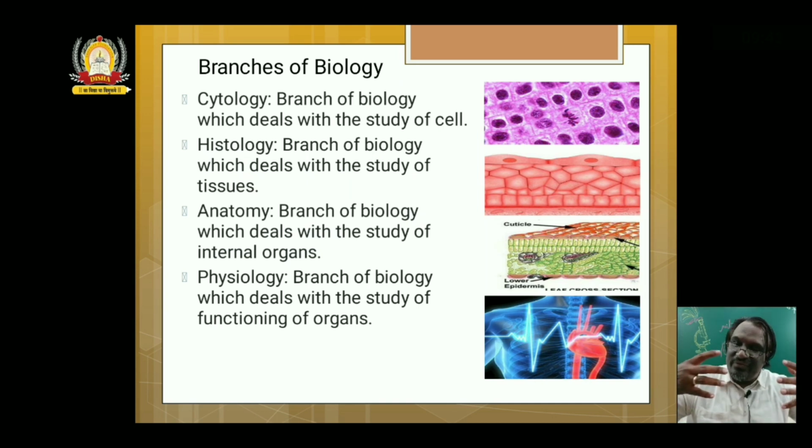So different organs and organ systems in our body, how they are functioning. That is the branch of biology which deals with the study of functioning of the organs and organ systems, which we call physiology.